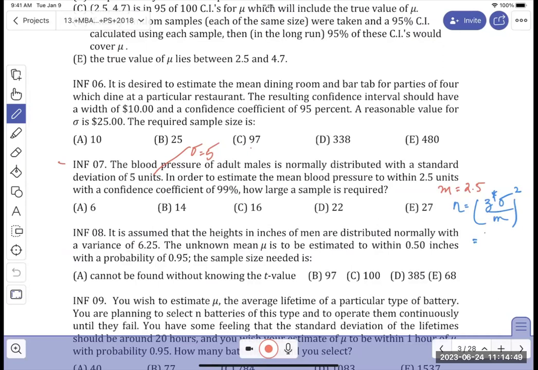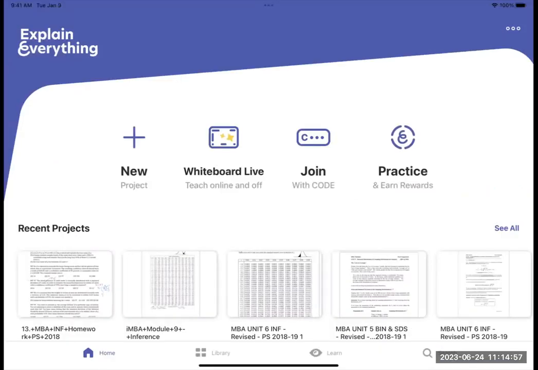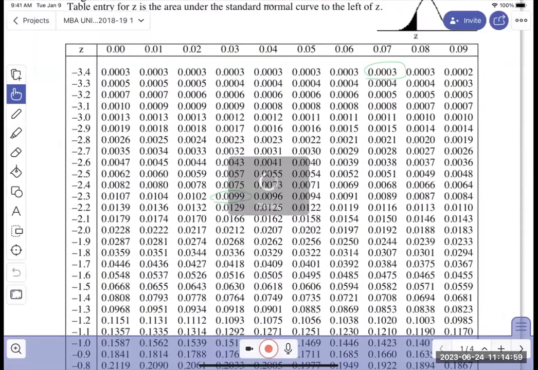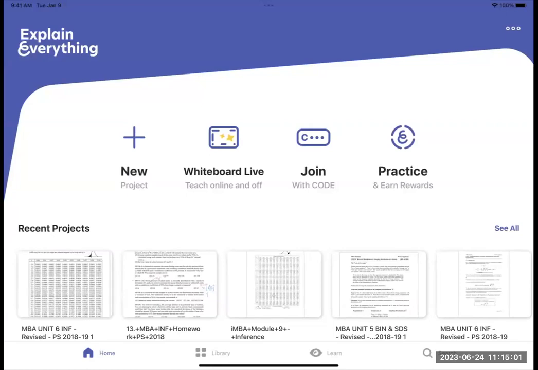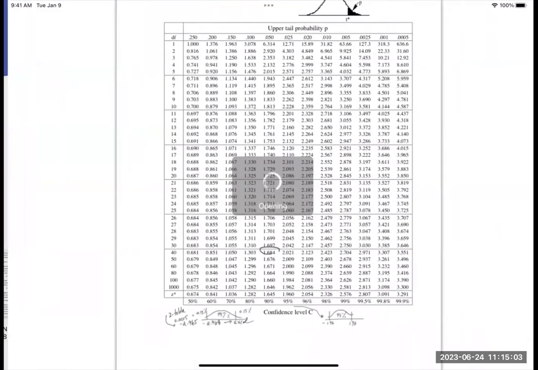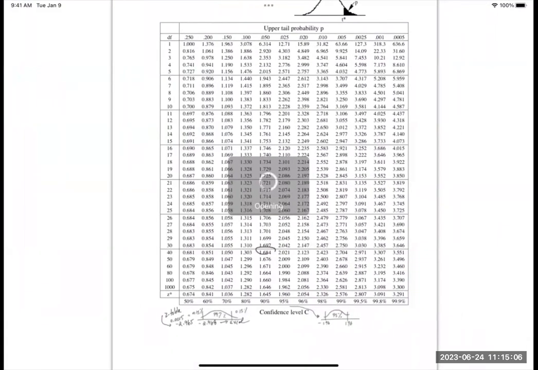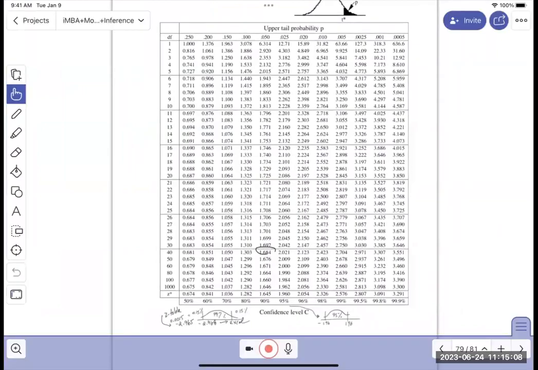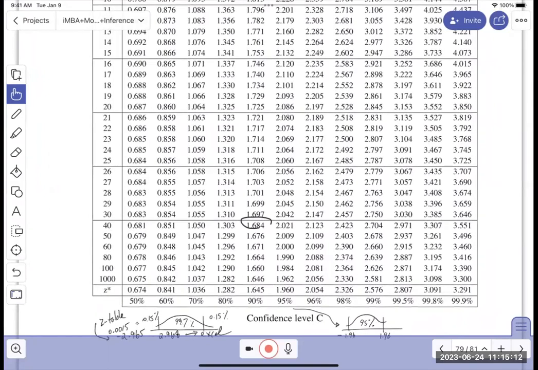Remember at the very bottom, we know the other value. So let's go to the T table. For 99%, it's right here, 2.576.